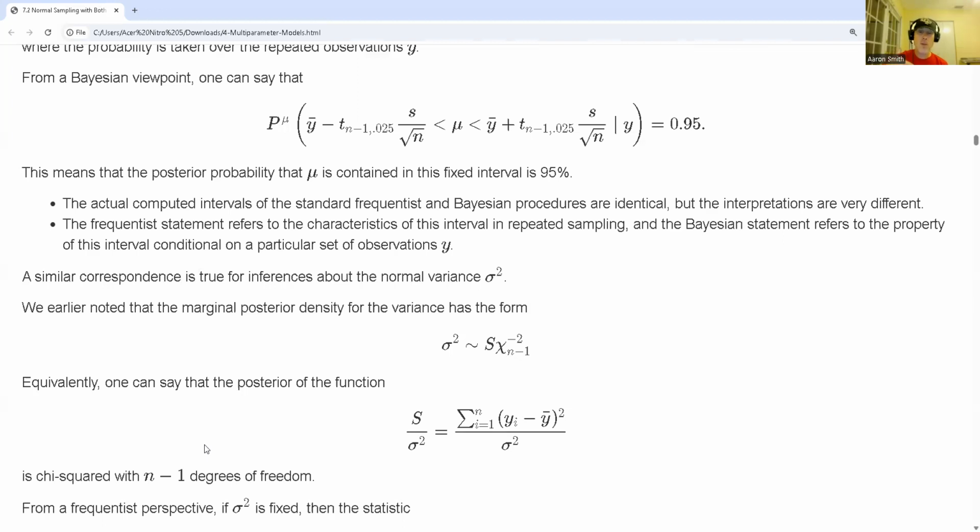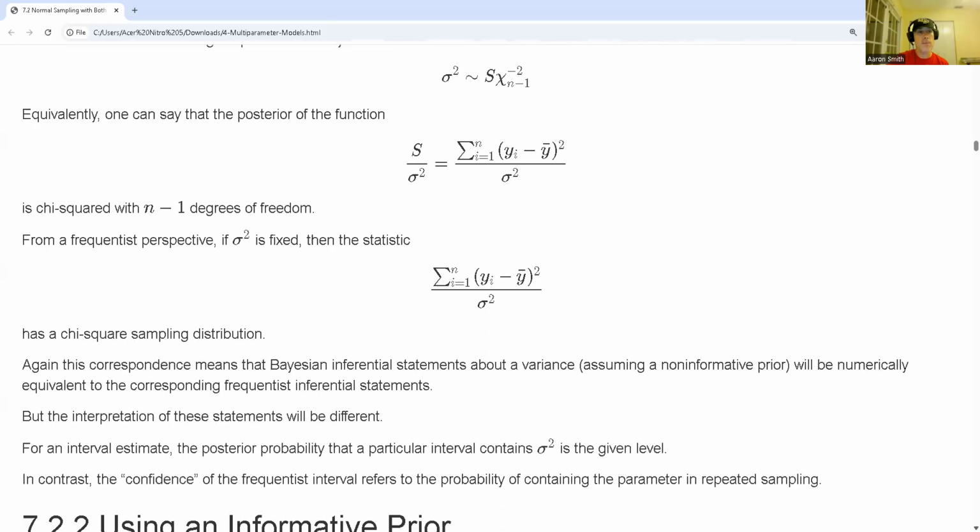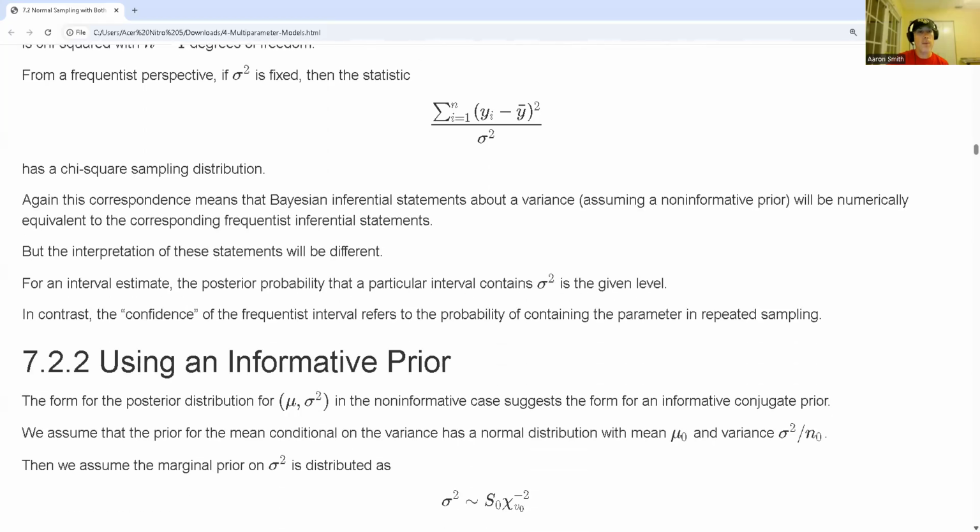And this is something that your professor probably talked about quite a bit when you start talking about chi squared. From a frequentist perspective, if sigma squared is fixed, then this statistic of the sum of squares difference from the sample mean over sigma squared has a chi-squared sampling distribution.